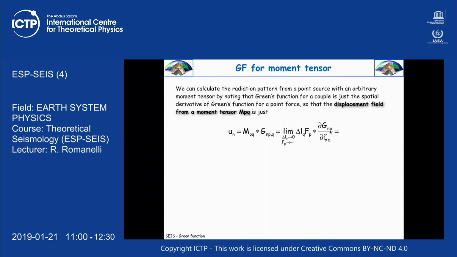So please remember, U is the vector that we want to model. It has 3 components. N can be 1, 2, 3, x, y, z. Now, given n, is the first term of a Green's function, x, y, z.